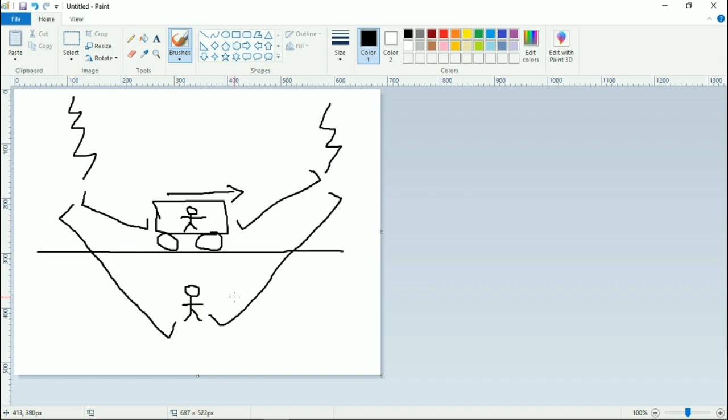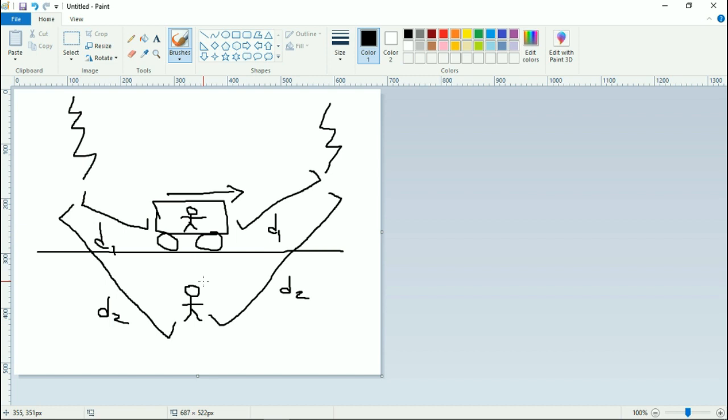I'll label this as D1. This is also D1. And this is D2. This is also D2. So those distances are all the same.